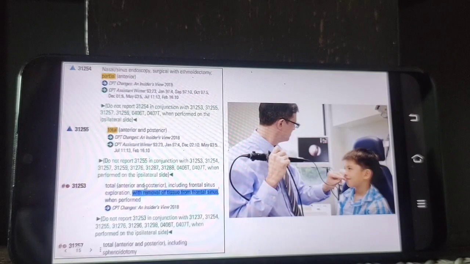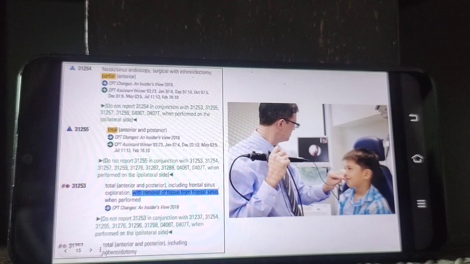Both anterior and posterior ethmoid are removed, and the surgeon also removes tissue from the frontal sinus. Go for 31253.